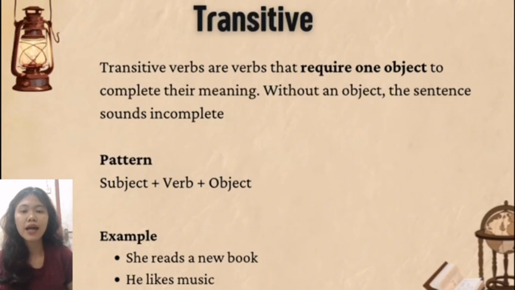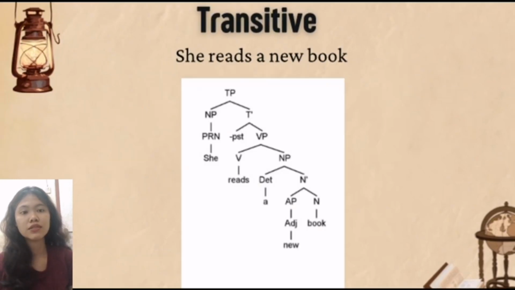Okay, next, I'll explain about transitive verb. Transitive verbs are verbs that require an object to complete their meaning. Without an object, the sentence is incomplete. For example, she reads a new book. The sentence is analyzed as a TP. The TP consists of an NP as the subject and a VP as the predicate.